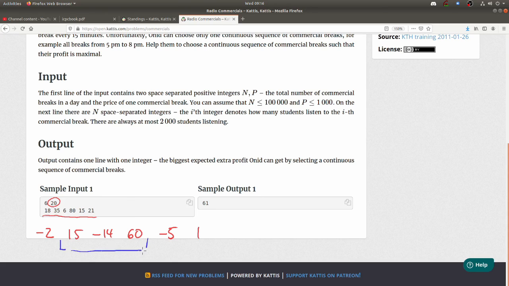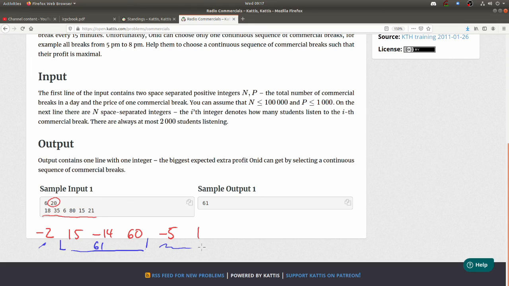Okay, and the sum from here to there is 61. If we extended it to here, it would have been 56, and then here with the 1, 57. So this is really the optimum. So we don't want to include this, and we also don't want to extend further.